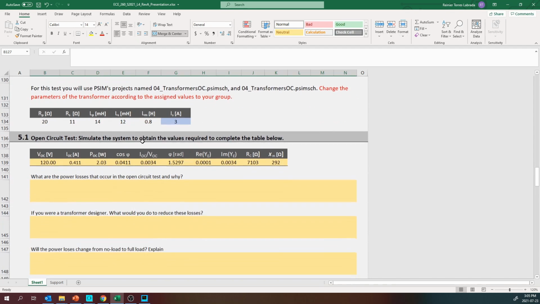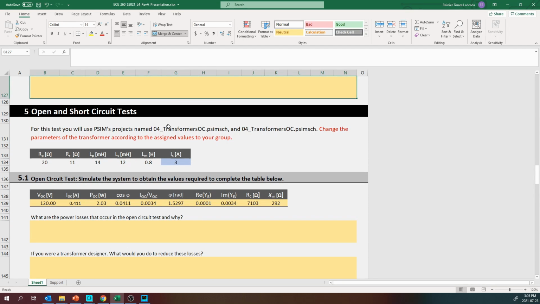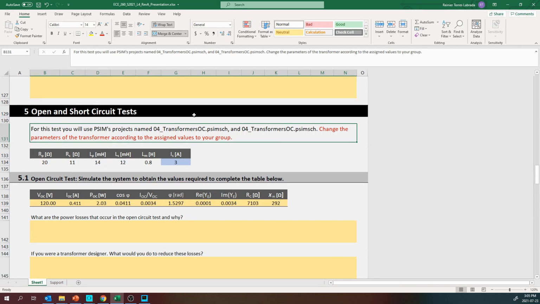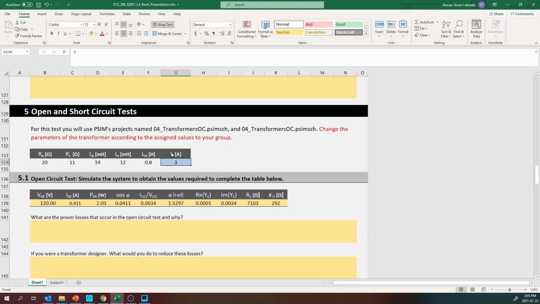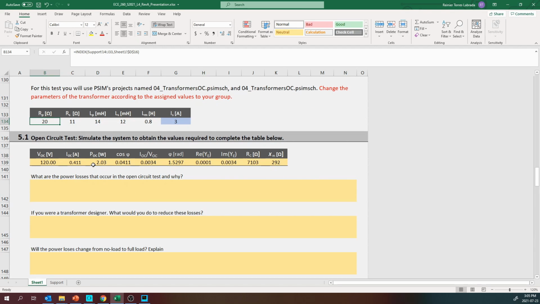Now, for the open and short circuit test, you're going to run the open and short circuit test like I said before. These numbers here will change depending on your group number, and this cell in blue is the nominal current for the secondary winding. So what you're going to do is take these numbers from here and put them in, changing the transformer's parameters to match this.